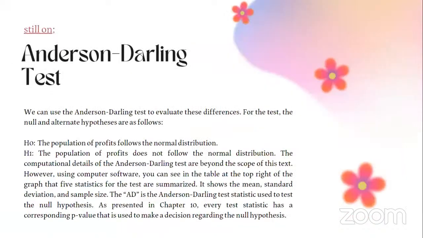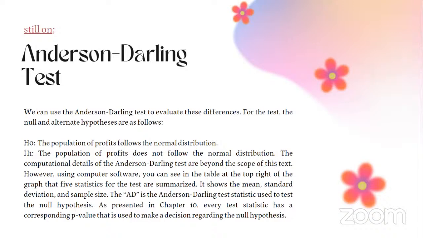We can use the Anderson-Darling test to evaluate these differences. For the test, the null and alternate hypotheses are as follows. H0: the population of profits follows the normal distribution. H1: the population of profits does not follow the normal distribution. The computational details of the Anderson-Darling test are beyond the scope of this text.